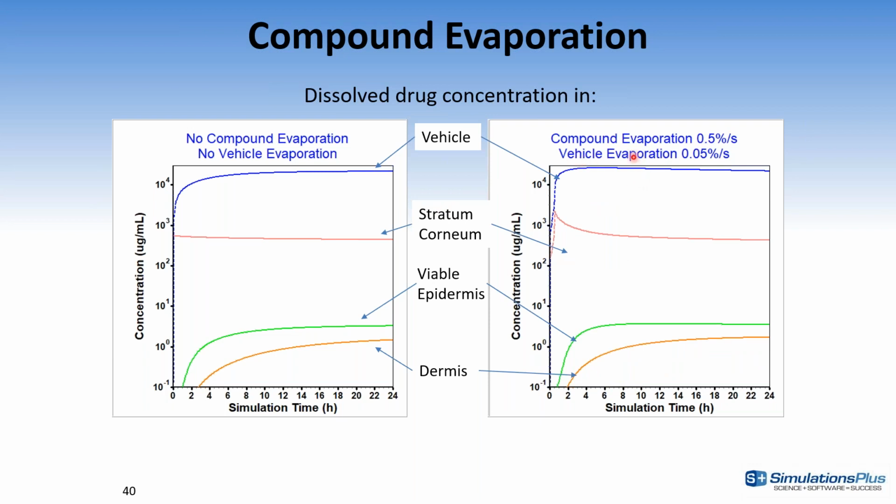And again, if we add the vehicle evaporation to it, the concentration gradients change again, creating different shapes of the profiles. So both of these may be important in terms of capturing or predicting the compound concentrations, either in skin or how the compound would proceed further into systemic circulation from the dermis compartment.